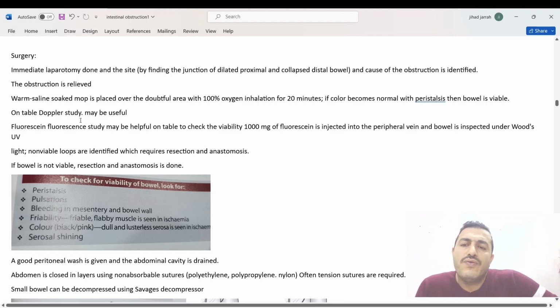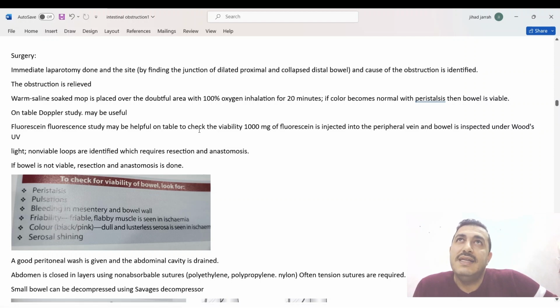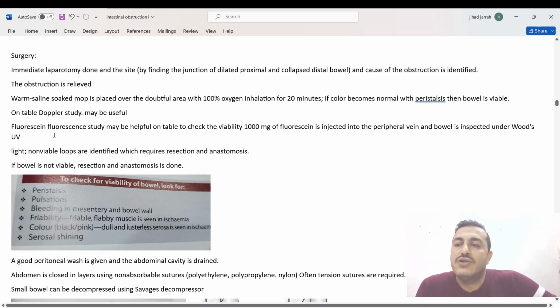One of the modalities to check the viability of the bowel is the fluorescence study. Indocyanine green test, extremely important and a new technique to study the viability of the bowel. I think it's abbreviated ICG. Actually, it's a fluorescence study.